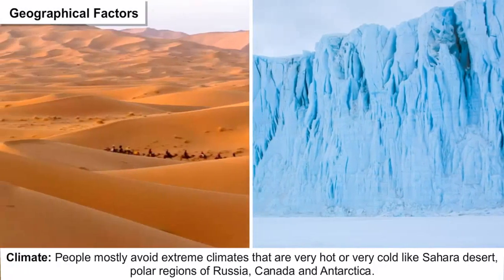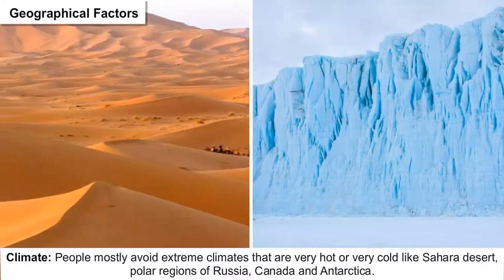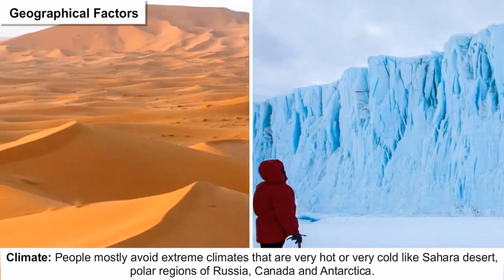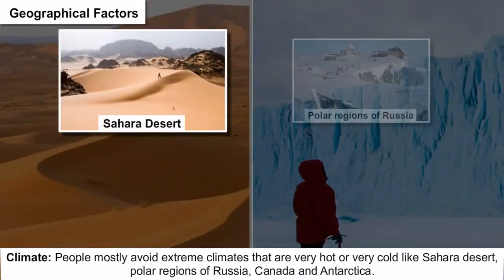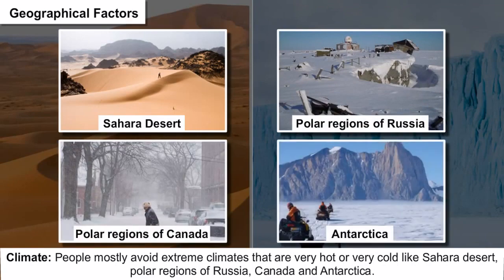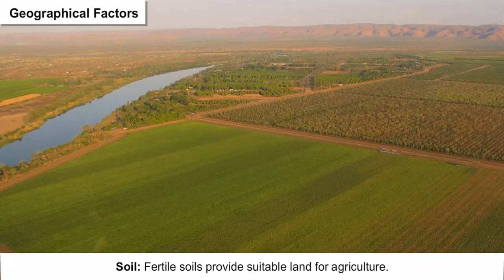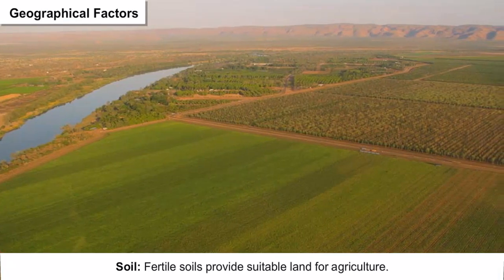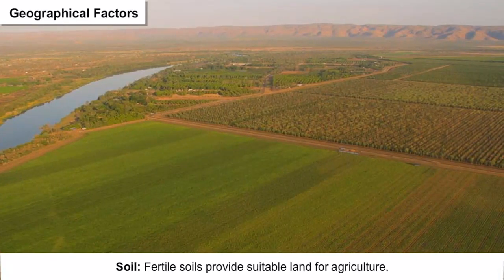Climate. People mostly avoid extreme climates that are very hot or very cold, like the Sahara Desert, polar regions of Russia, Canada and Antarctica. Soil. Fertile soils provide suitable land for agriculture.